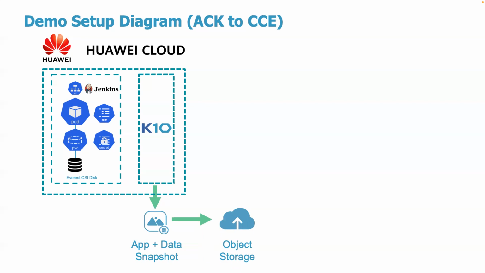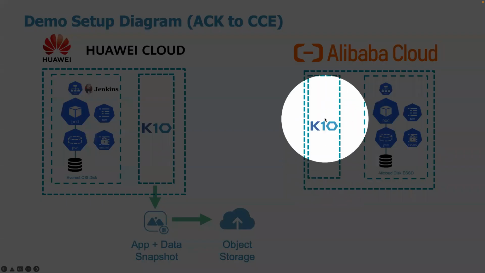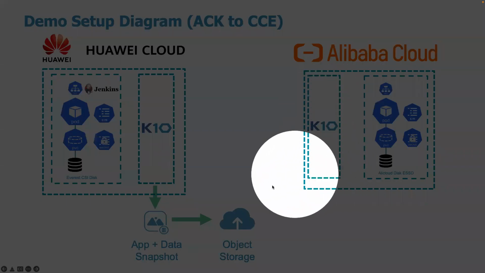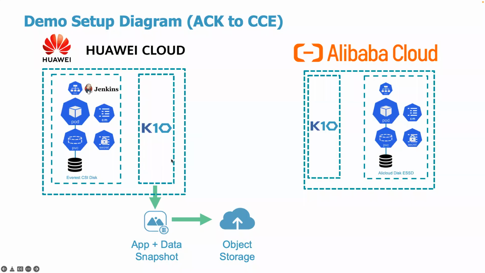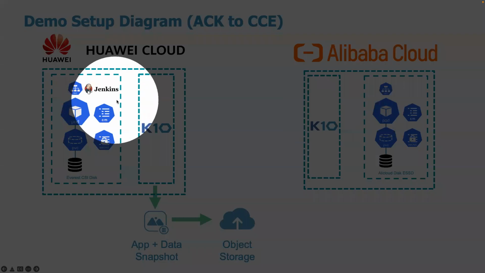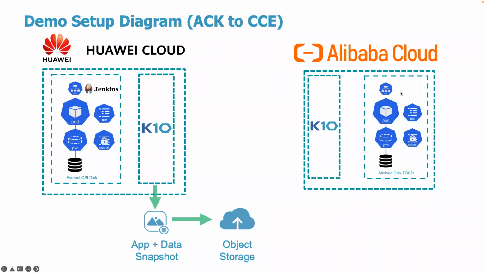Now I have another cluster on Alibaba Cloud, an empty cluster basically. I also have Kasten K10 installed. That's the tool that helps you achieve portability or application mobility, to migrate Jenkins from Huawei Cloud to Alibaba Cloud running as containers.